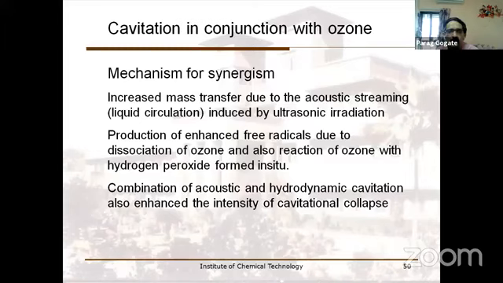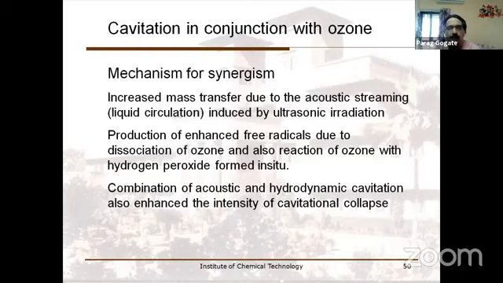So let's look at some of the expected benefits when I'm talking about different combination. So if I have cavitation in conjunction with ozone, you will have increased mass transfer due to acoustic streaming, which is liquid circulation introduced by ultrasound, introduced by hydrodynamic cavitation. Because one of the disadvantages with ozone definitely is problem in terms of mass transfer.